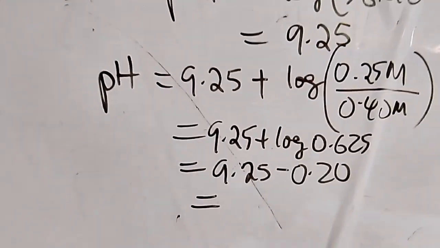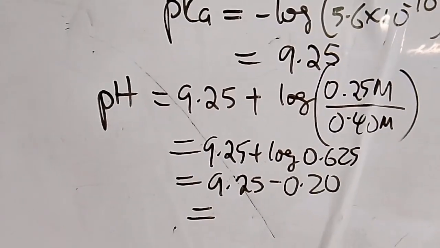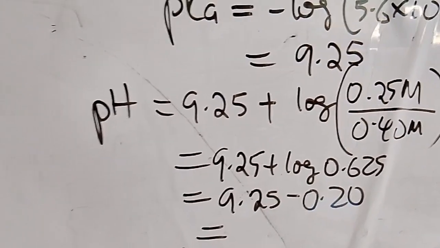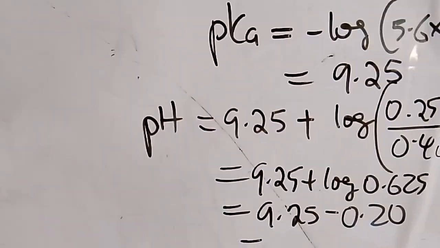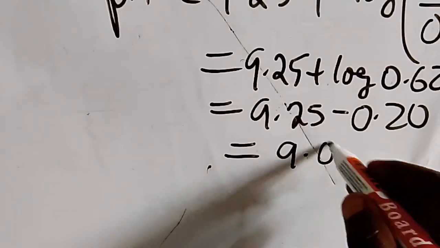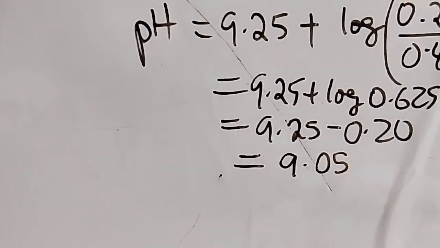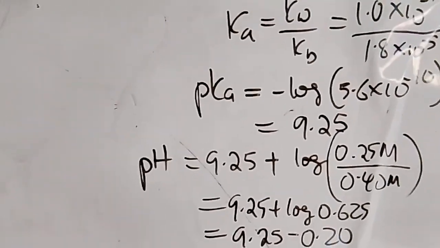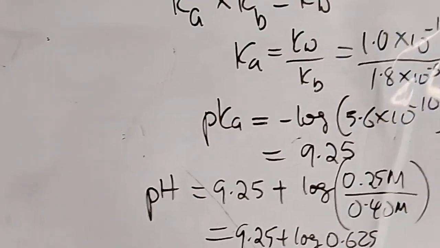Okay, so when you subtract 9.25 minus 0.20, you are going to get 9.05 as our pH. Okay, so you compare this with the one that we found earlier using the IC table.